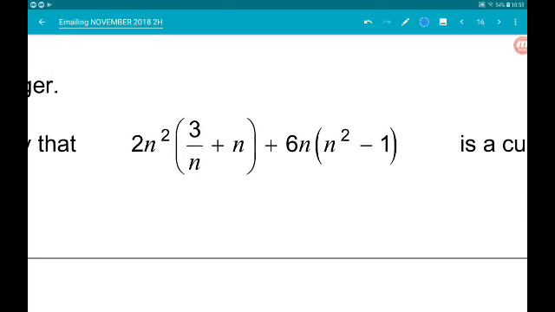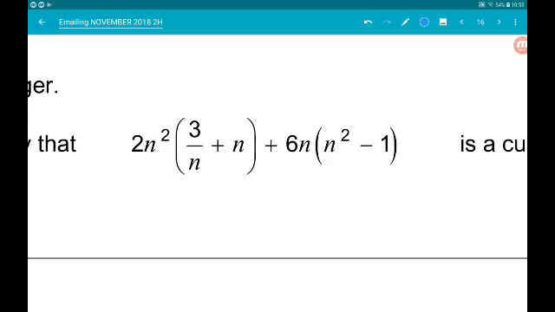So, with algebraic proof, never just substitute values in, because you're not proving anything other than the fact it works or doesn't work for that particular case.